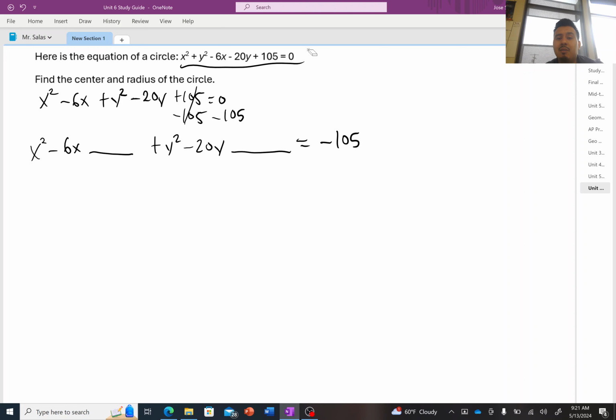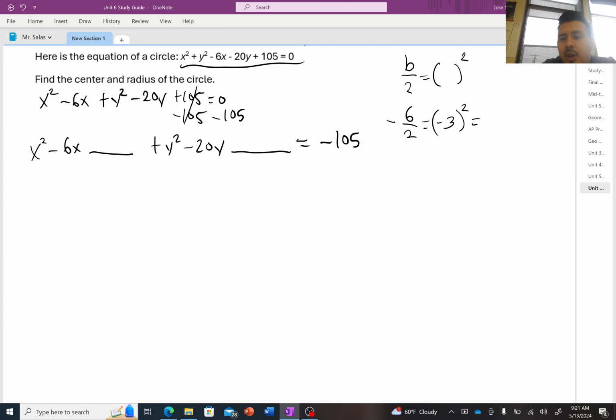If you remember, we have a formula for completing the square, which is b divided by 2, and then that number squared. So if I take 6 divided by 2, or in this case negative 6, because there is a negative in front of the 6x, that is equal to negative 3.